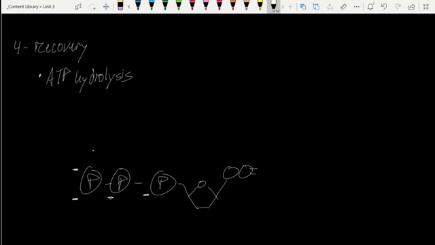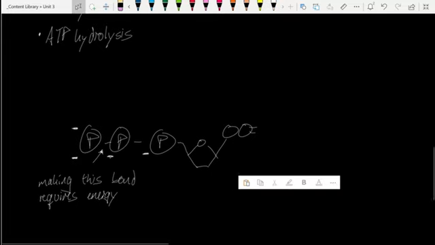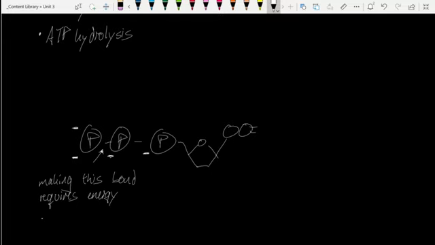So because making bonds requires energy, specifically making this bond requires energy. So hopefully it makes sense, at least at a basic level, that breaking that bond releases energy.